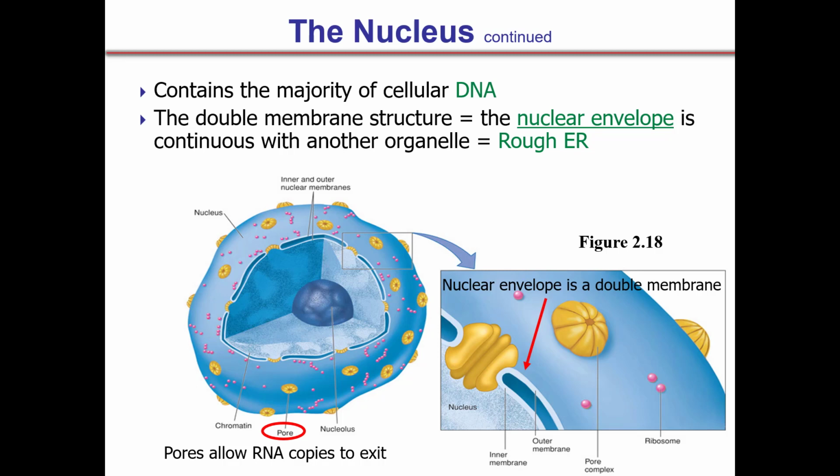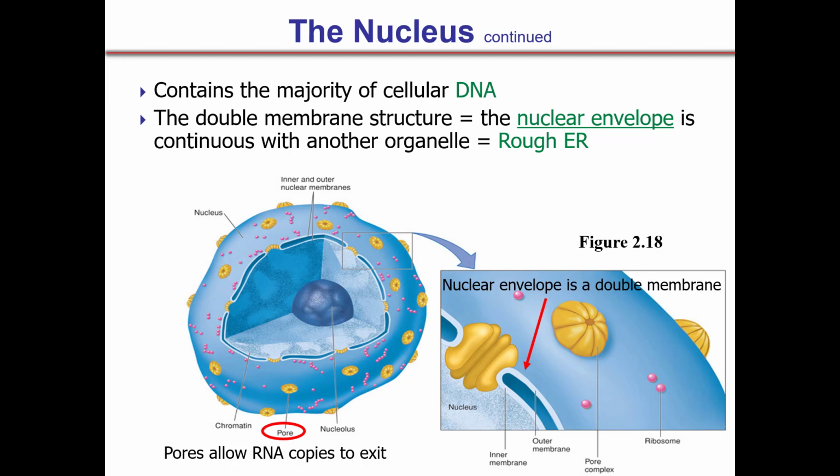And these yellow little bullets, they form pores. So in this call-out box, right under where it says figure 218, they've really enlarged the nuclear envelope. You can see the double membrane, but there are these large yellow pores. So these nuclear pores are proteins, and they take on kind of a barrel configuration, like a whiskey barrel port.